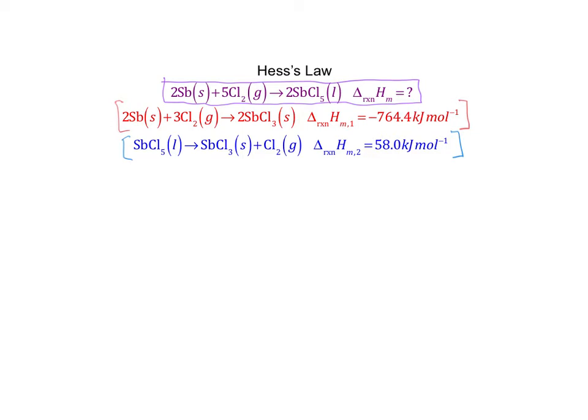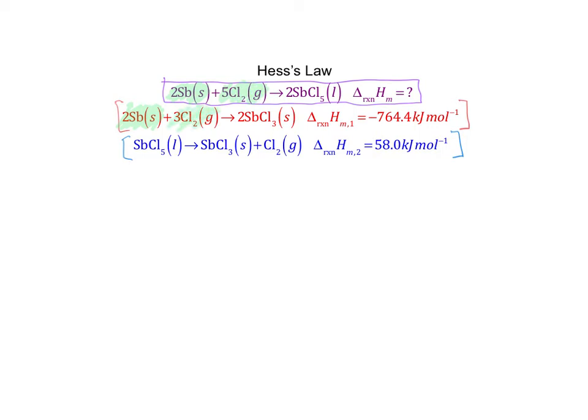Now, to do this, what I like to do is start with figuring out where my reactants are. So I need 2 antimony solids as a reactant. That is here. And I need 5 chlorine gases.